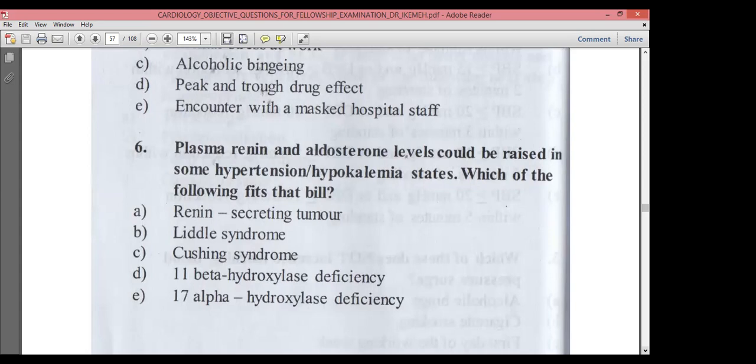Unlike the others where renin and aldosterone will be normal, here, because of the renin secreting tumor, renin and aldosterone will be very elevated. So the answer to number 6 is A.